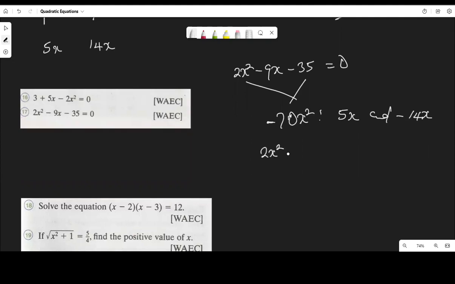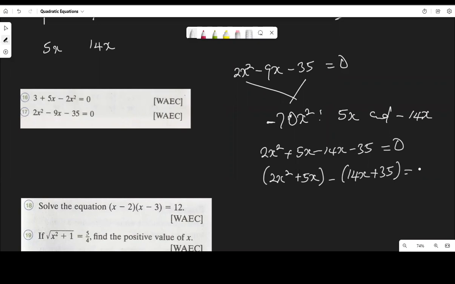squared plus 5x, rather minus 14x minus 35 equal to 0. Let's group it 2 by 2. 5x minus 14x plus 35 equal to 0.